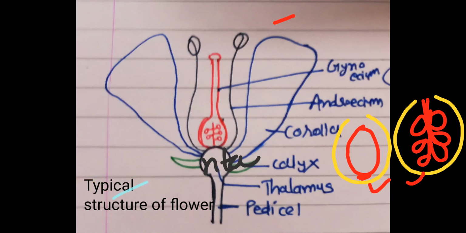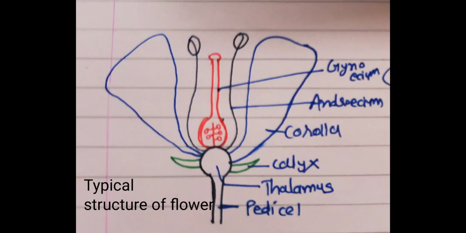Now, we know a single carpel is present, or many carpels are also present. If only a single carpel is present, then it's a different thing. But if more than one carpel is present, then these carpels may be free from each other or fused with each other.